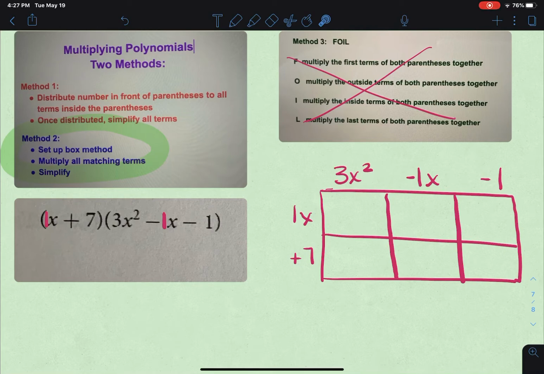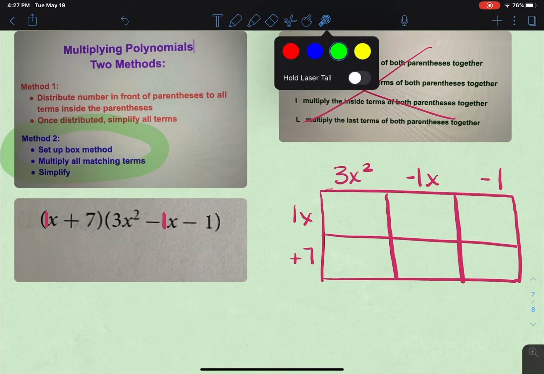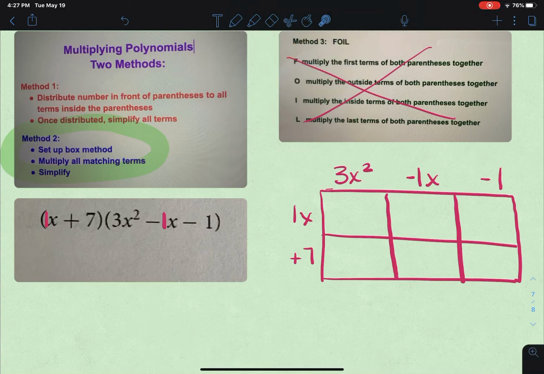So if I start to multiply, I'm going to go to this first one. 3x squared times 1x, which will be 3x to the third. Negative 1x times positive 1x is negative 1x squared. Negative 1 times positive 1x is negative 1x.